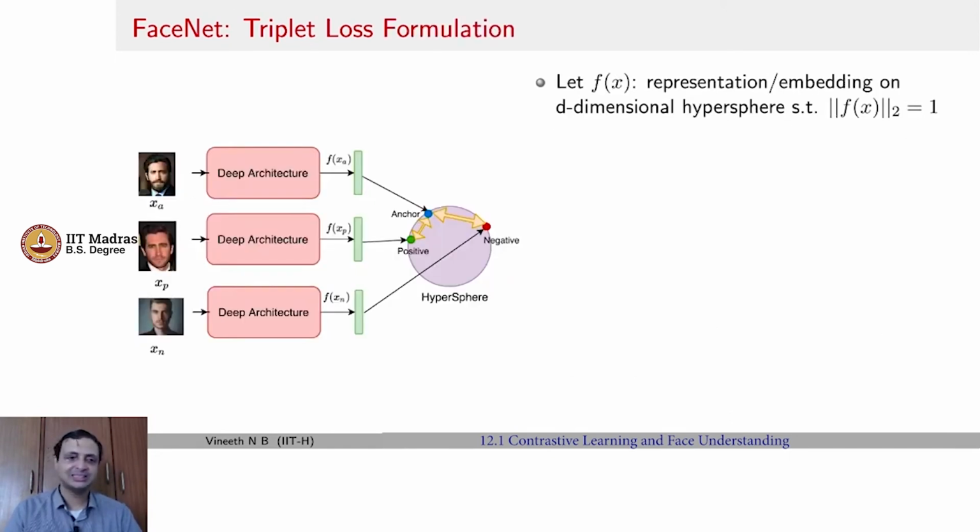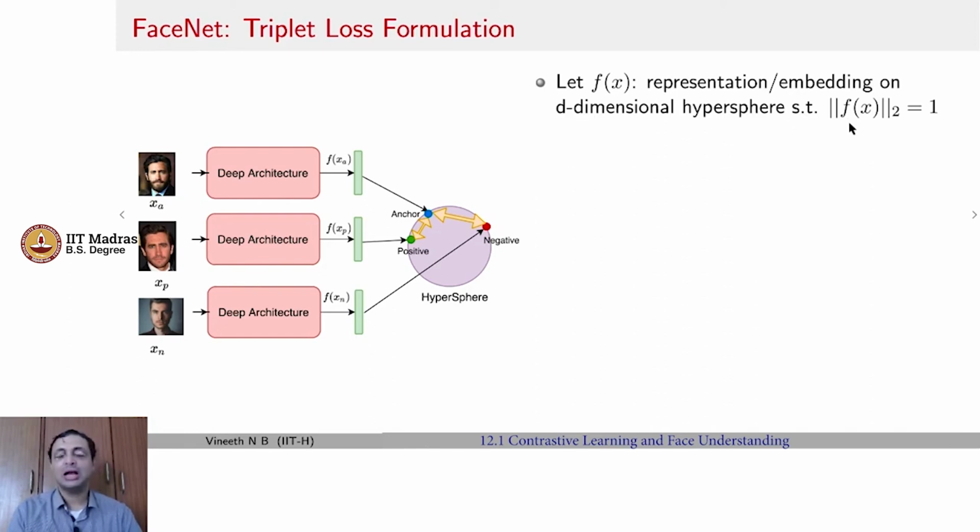So you could visualize this as you have an anchor image that's given as input to your CNN model. You have a positive example for that anchor image, and you also have a negative example for that anchor image in your dataset. You first ensure that after you get the representations as output of your CNN architecture, the same CNN architecture is used for all these three inputs, very similar to before.